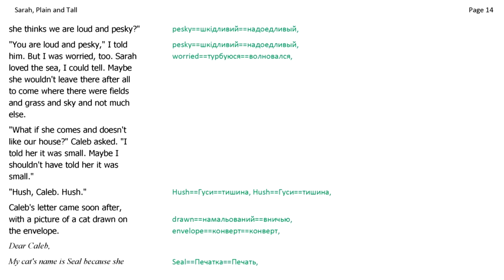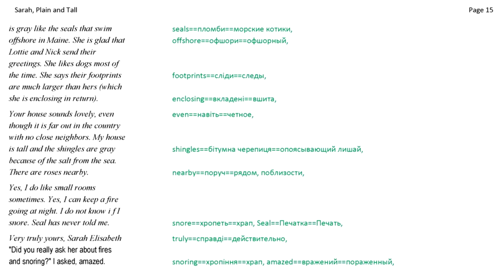Dear Caleb, my cat's name is Seal, because she is gray like the seals that swim offshore in Maine. She is glad that Lottie and Nick send their greetings. She likes dogs most of the time. She says their footprints are much larger than hers, which she is enclosing in return. Your house sounds lovely, even though it is far out in the country with no close neighbors.